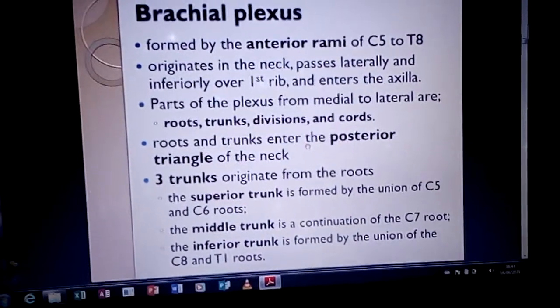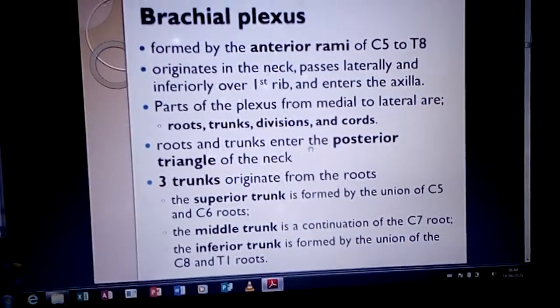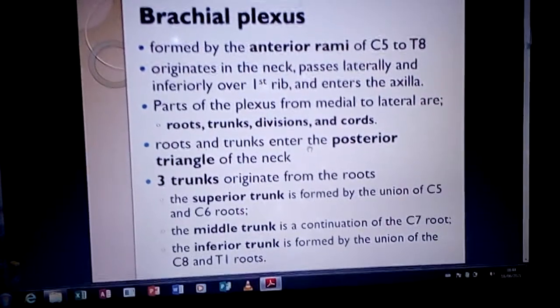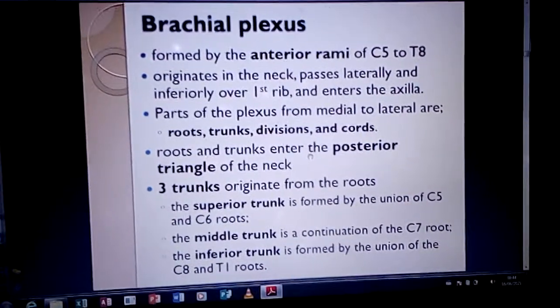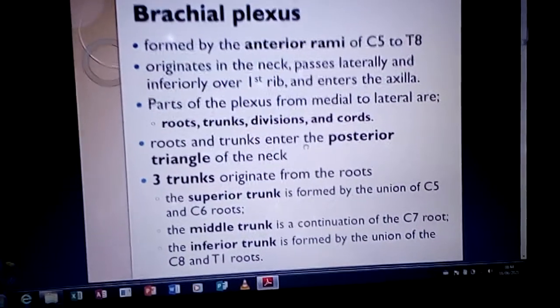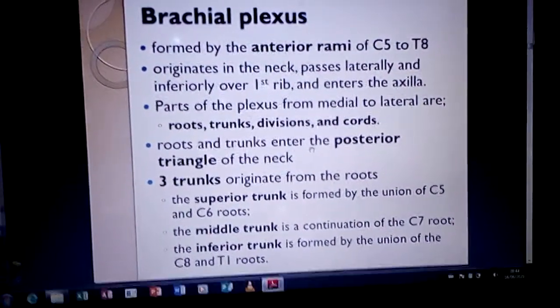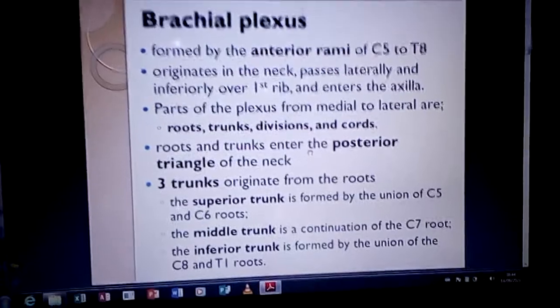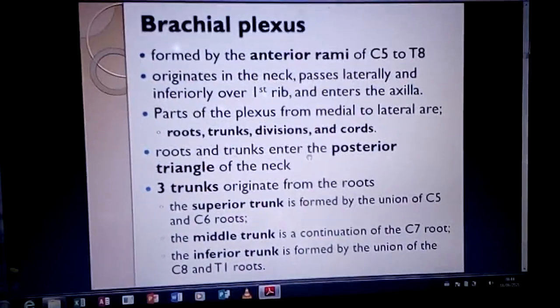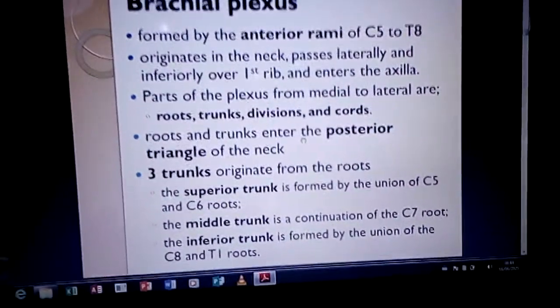So the first 11 spinal nerves of the thoracic region innervate the intercostal muscles, and the 12th spinal nerve of the thoracic region innervates the subcostal region.